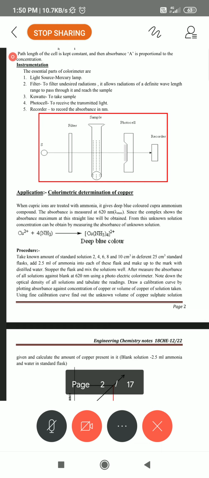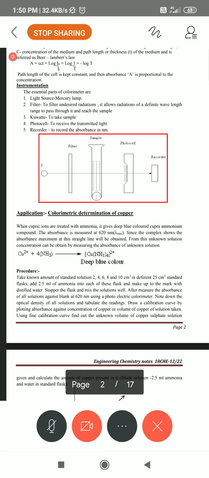Immediately you draw the conclusion, even though you did not weigh or record the salt of copper sulphate, that the unknown solution is also 8 gram dissolved in 1 liter.